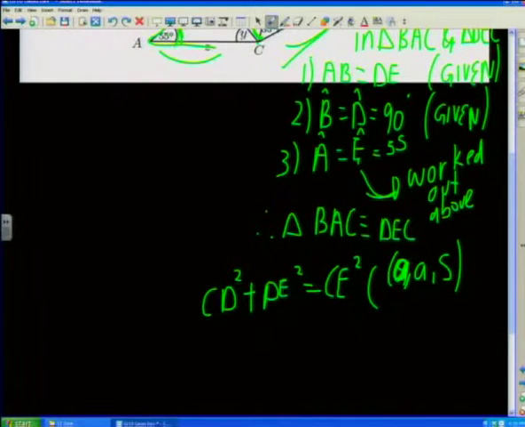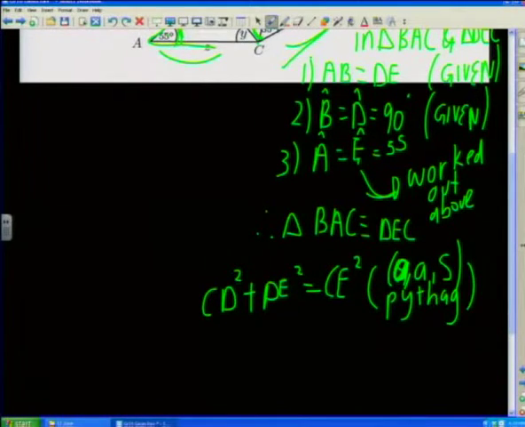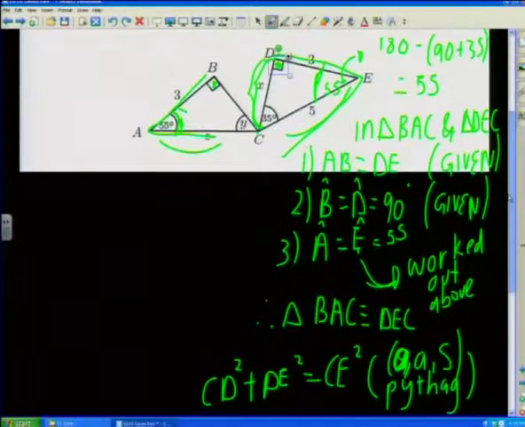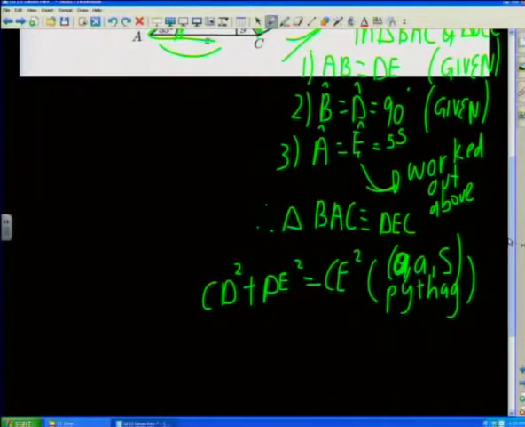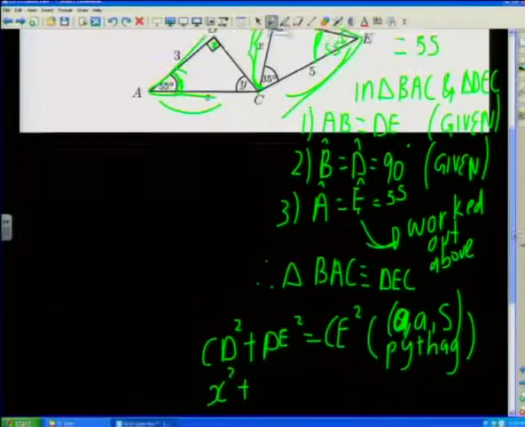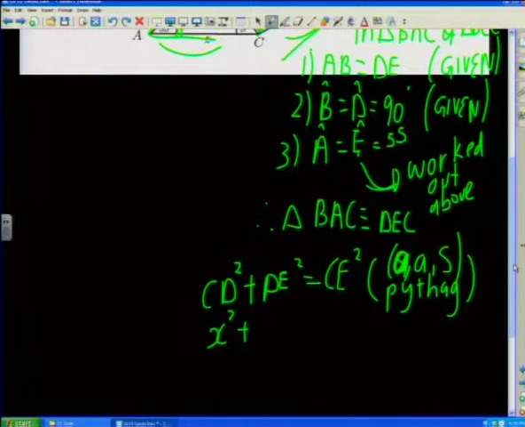And the reason for that is Pythagoras. Remember we're looking for x, which was side CD, so I can say x squared plus DE, which is 3, is equal to CE, which is 5 squared.